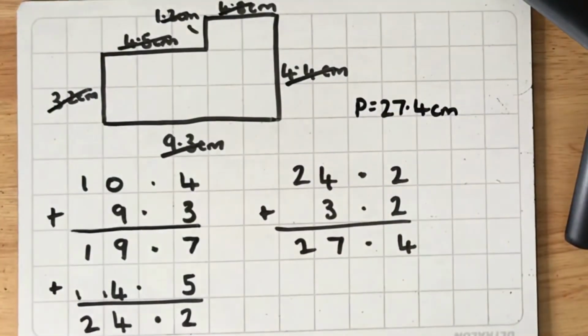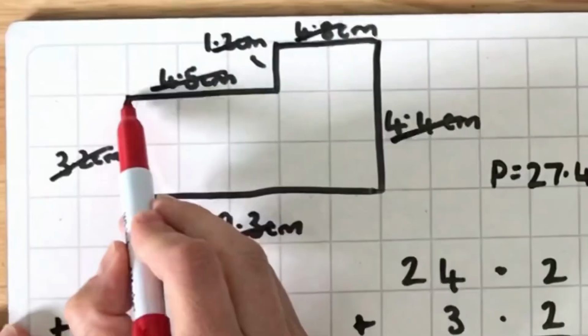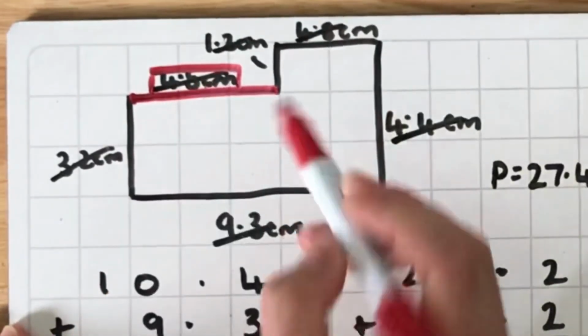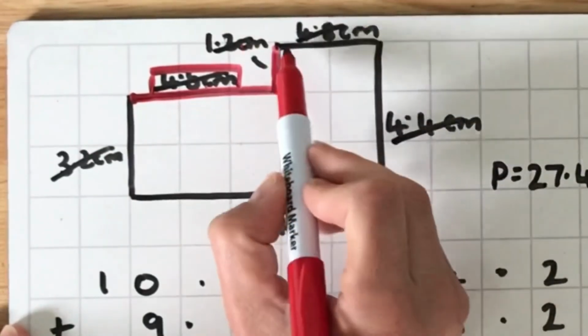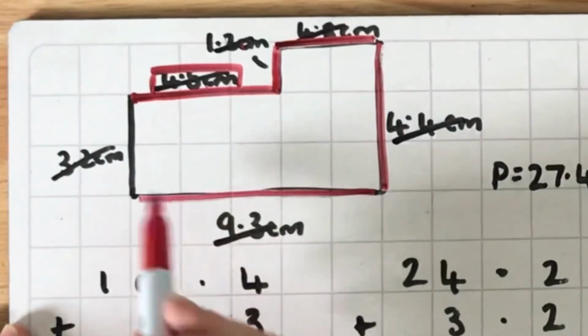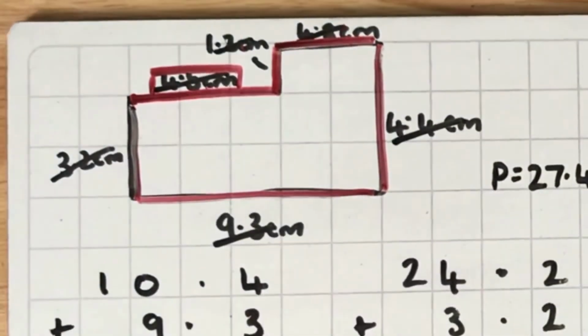A wee trick to help you to check your answer is to take a different colour pen and draw around the shape. As you go along every line, just check that the measurement's scored out to know that you've added it. So check that one, check that one, check that one, check that one, and check that one. The most common mistake is to forget to add one of the sides on.